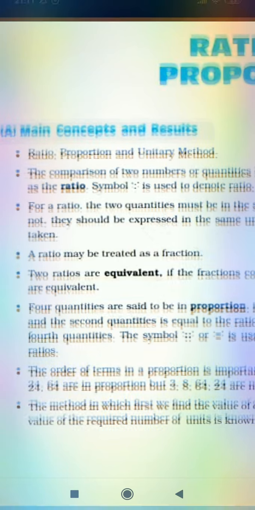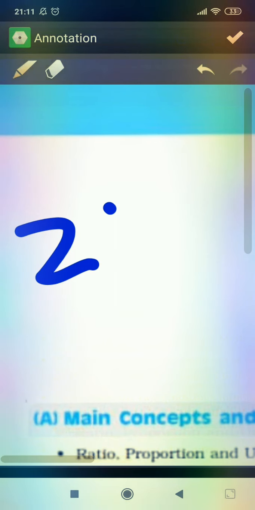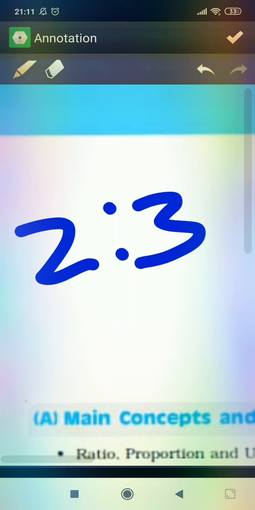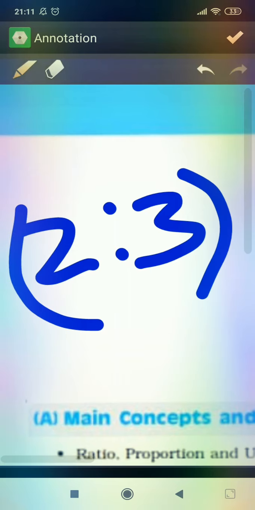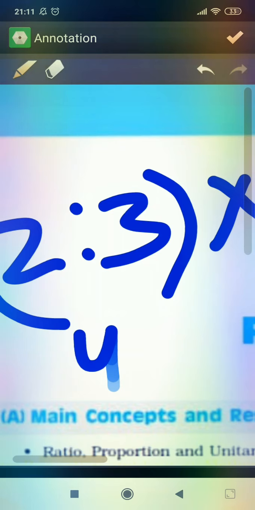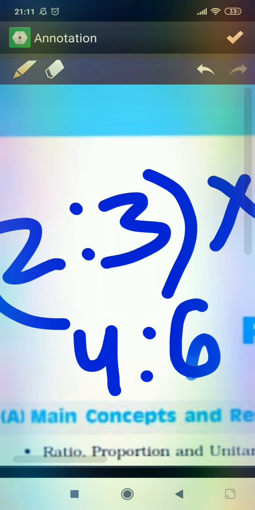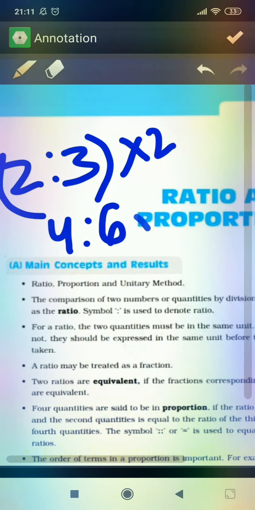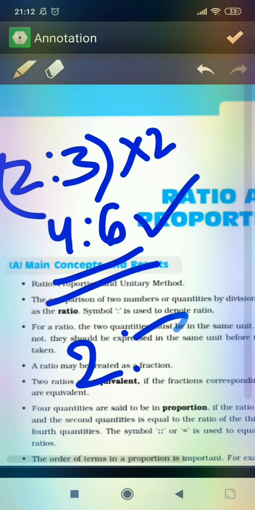Suppose 2 is to 3 is there and 4 is to 6 is there. Both are equivalent. 2 is to 3 is there. If you multiply the ratio by 2, you will get 4 is to 6. This is also a ratio. If we simplify this, again we will get 2 is to 3 only.